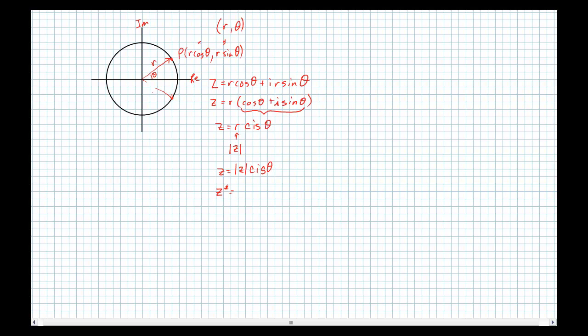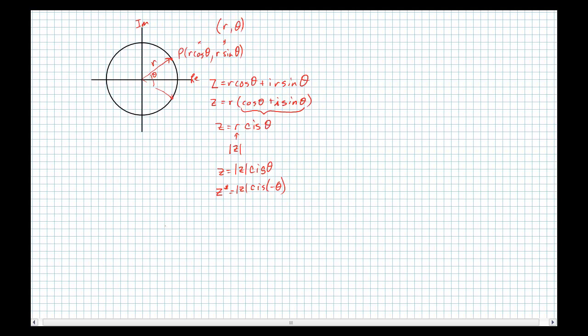And so the r is going to be exactly the same, so we can write that still as the same modulus. What's going to change is that now we're going to have the negative angle of before. So it's just cis of negative theta. And that's a property that will be helpful to you as you're working through various problems.